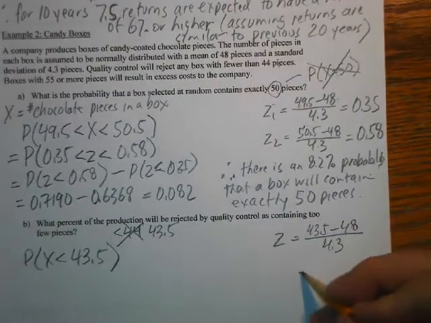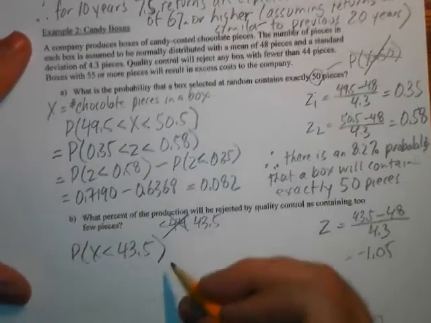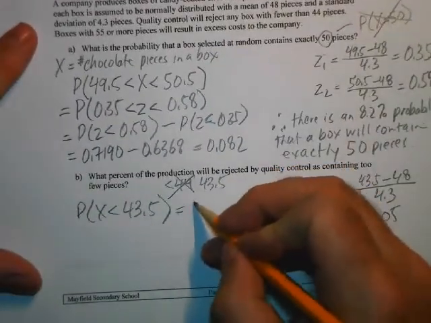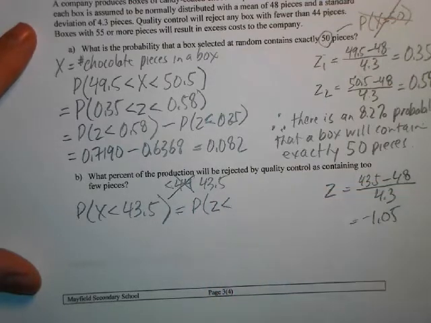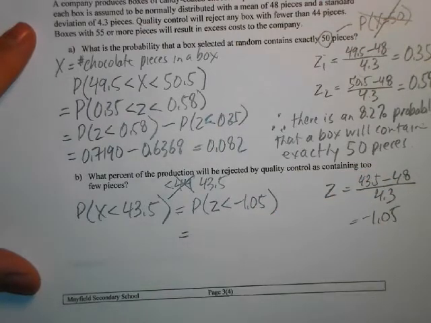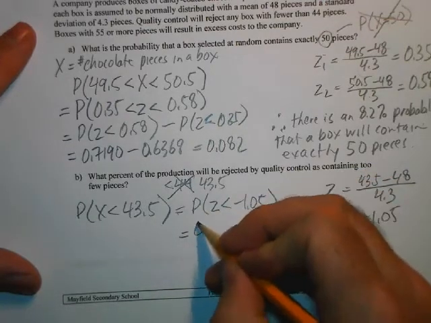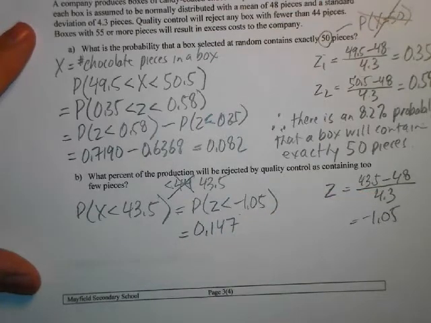And we get negative 1.05. So this probability statement changes into a probability of a z-score being negative 1.05. Then we do our table lookup and we see the probability is 0.147 for that z-score.